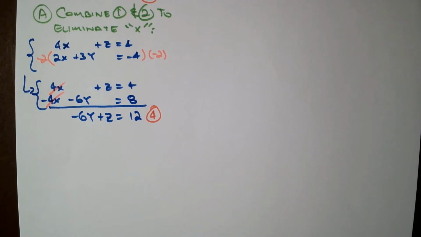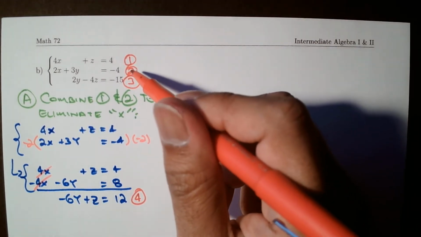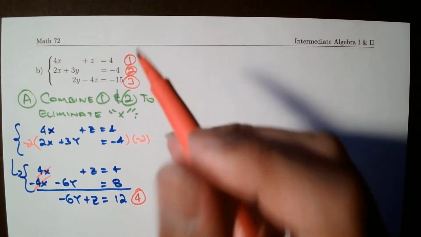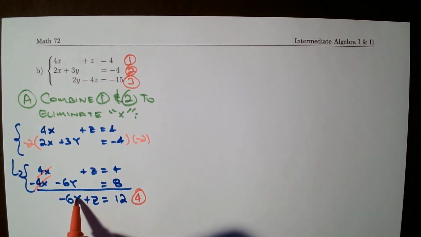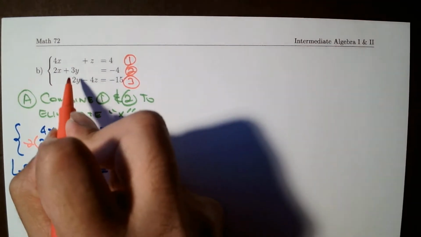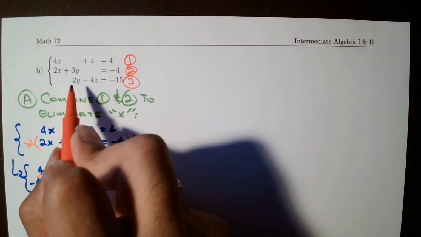All right, what's going to be part B for this? Well, in this case, we don't need to combine 1 with 3, because notice this fourth equation depends on y and z. So what we can do here is combine equation 4 with an equation in the original system that has the same variables, y and z. Do you see any of the equations? If your answer is equation 3, then you were right.